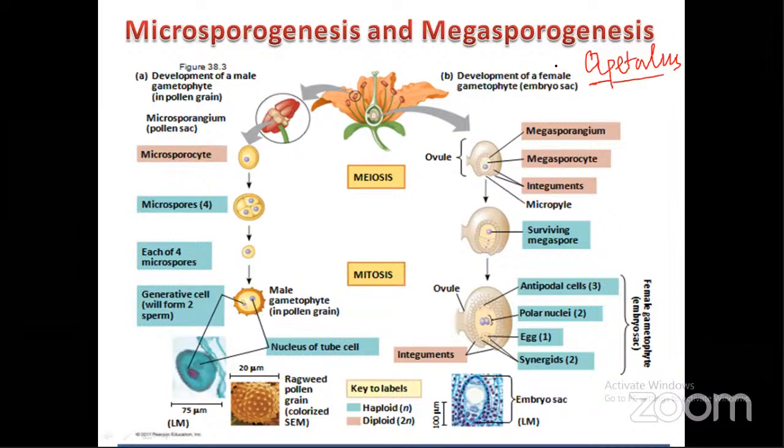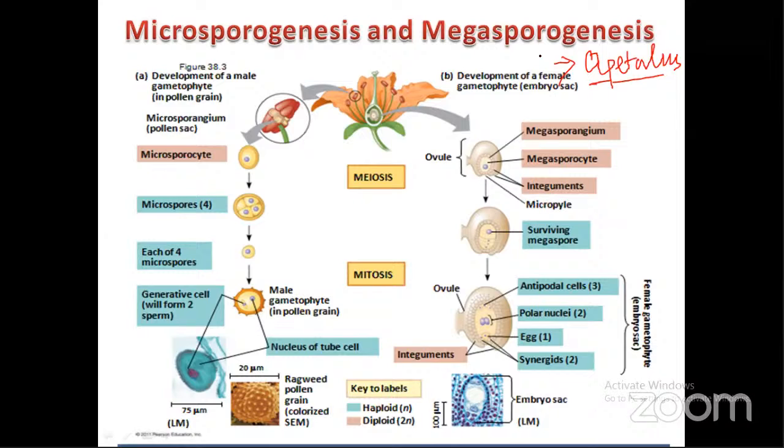The example of such a case is Annona. Annona is a fruit. The common name is, what do you call that? Sitafal, that is custard apple. So in case of Annona, you can see this sort of apetalous structure.